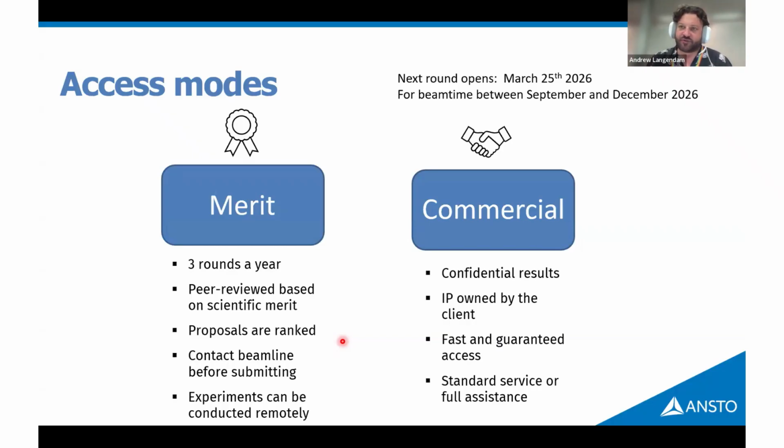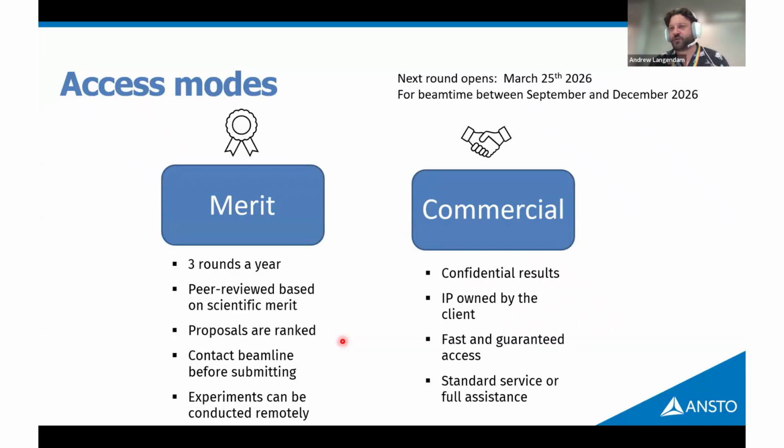You apply for a certain number of days of beam or shifts of beam, really days of beam for XFM. You write your science case, you write why you need synchrotron radiation for your science case. You talk to myself, David, or Daryl about your experiment and get some advice from us about how to best prepare your science case as well.